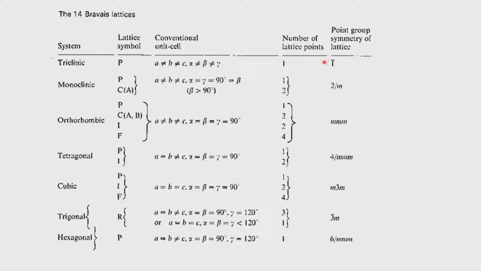And then the number of lattice points, we have 1 lattice point in the case of a primitive, and the point group symmetry. See, this is very interesting. We can have 2 associated symmetries with the point group. That means 2 point group symmetries, 1 and 1 bar are possible. But notice that the symmetry that is associated with the lattice is always 1 bar.